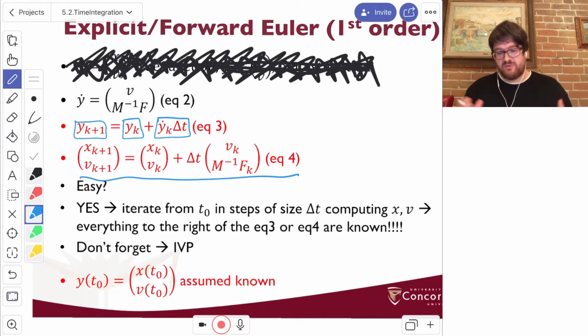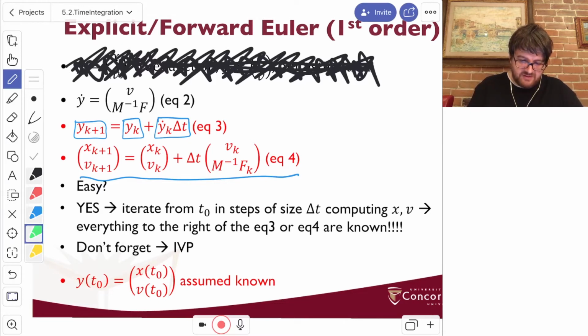So essentially, how we solve it is we start from t0 in steps of delta t, and we compute x and v using this formula. Note that in this equation 3 and also 4, because it's the same equation, everything on the left is unknown and everything on the right is known.